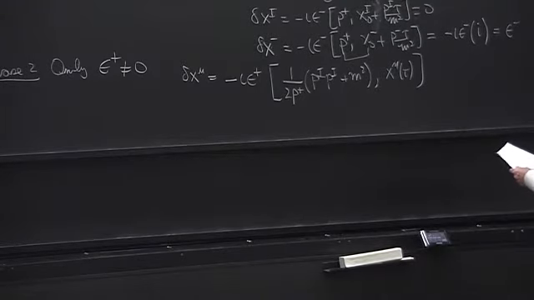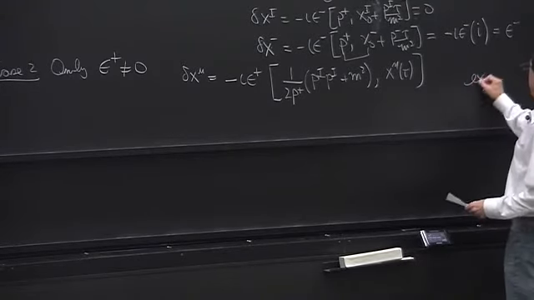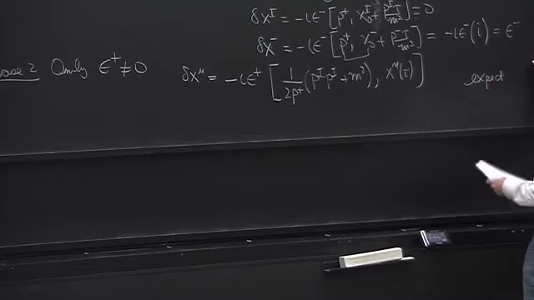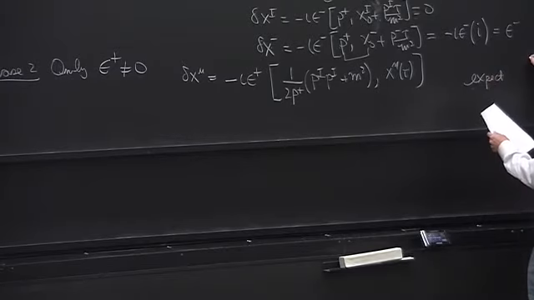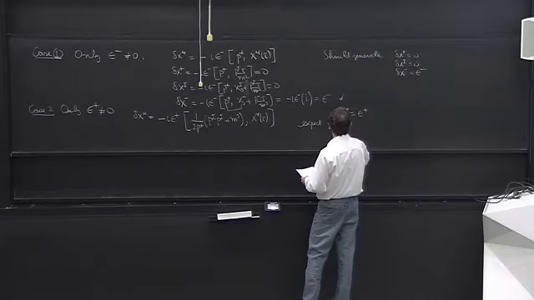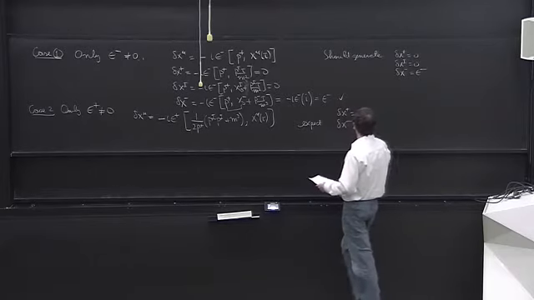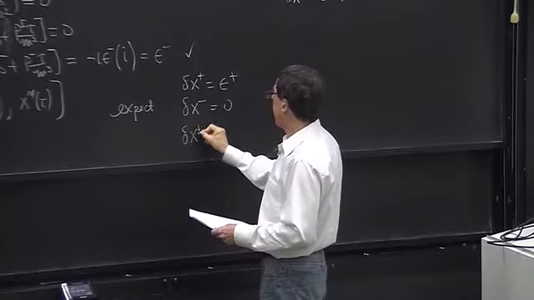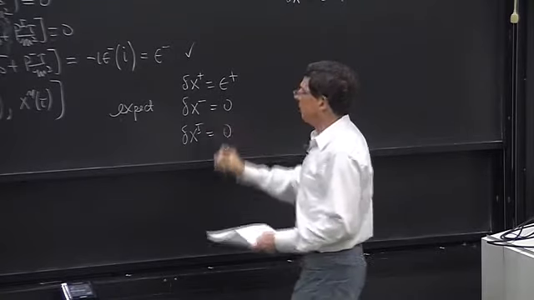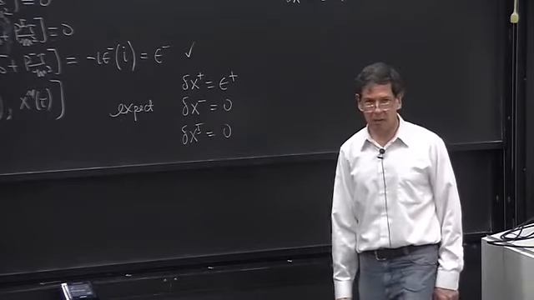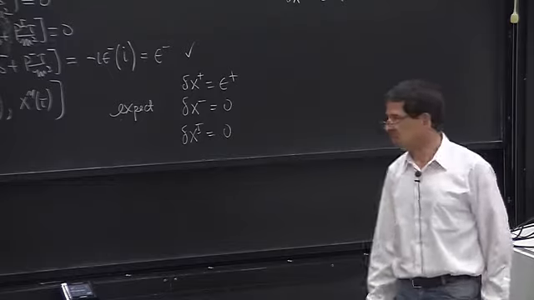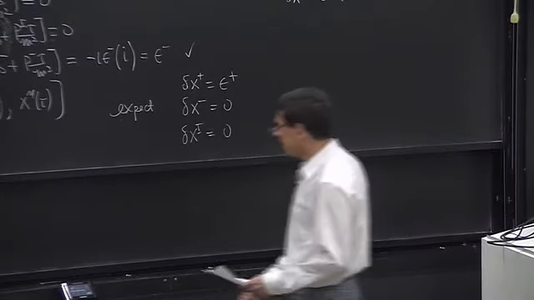Well, what should we get? We expect this time that delta x plus be just epsilon plus, delta x minus be 0, and delta xi be 0, because it's a translation in the plus direction. Okay, let's see.